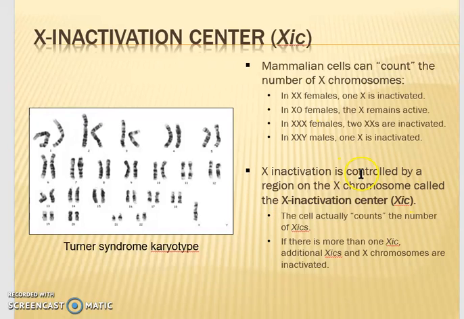Okay, and so this XIC right here actually counts the number of X chromosomes. If there is more than one XIC, additional XICs and X chromosomes are inactivated.